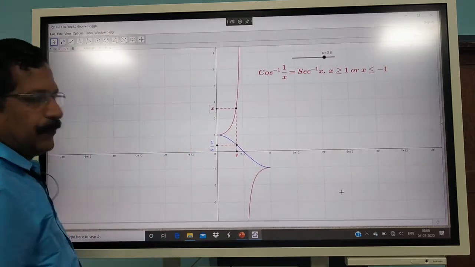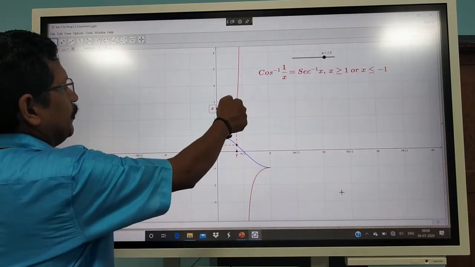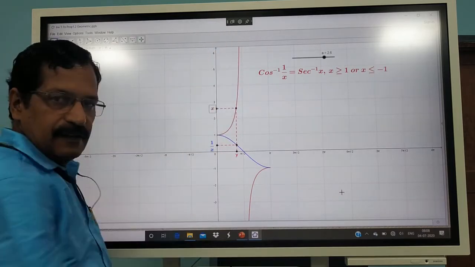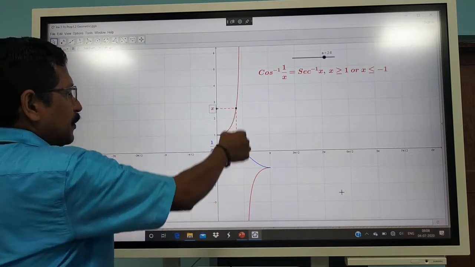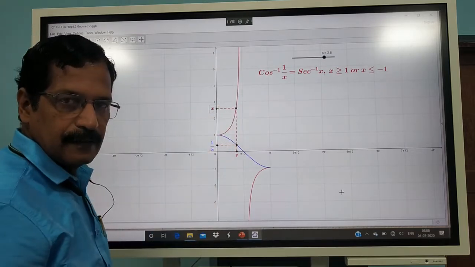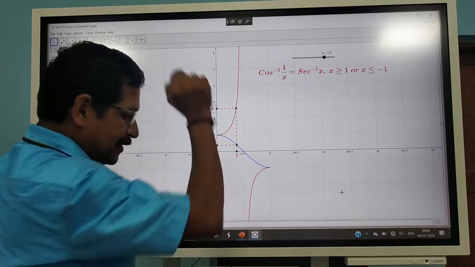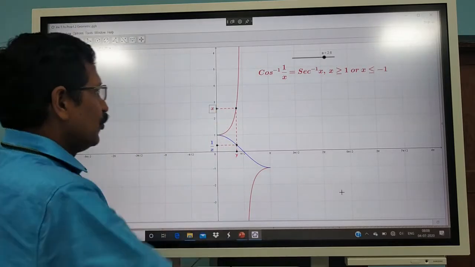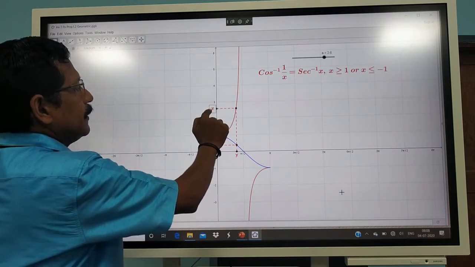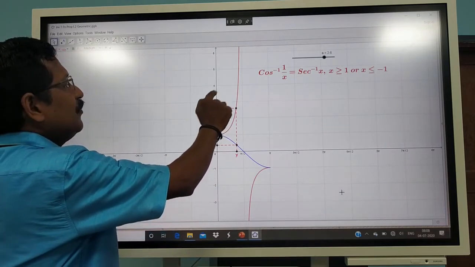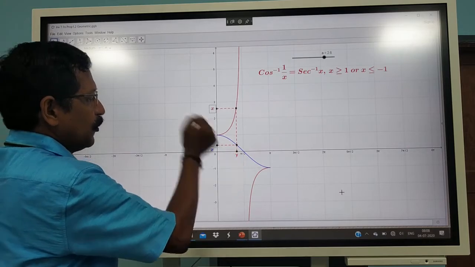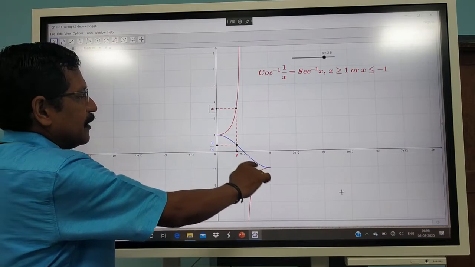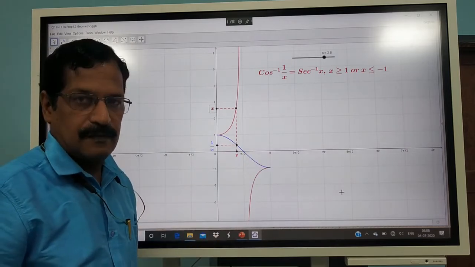So this is x. When we draw a line perpendicular to the graph of sec, that will intersect at the x-axis, and that is the point I am taking as y because I have interchanged the domain and range. So it is x, and sec inverse of x will be at this point. Now the line is intersecting the graph of cos.